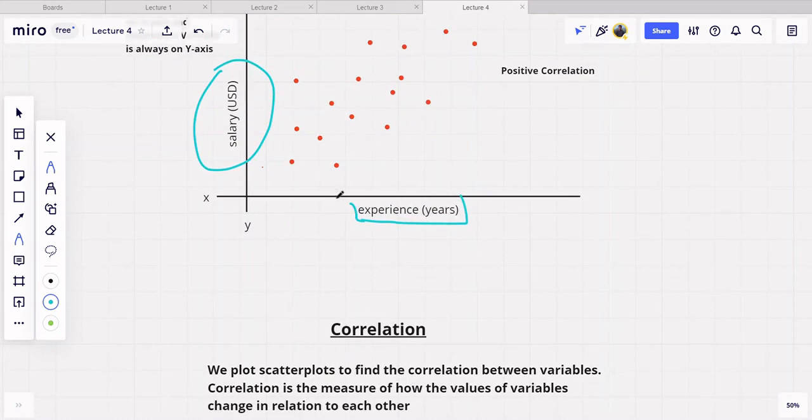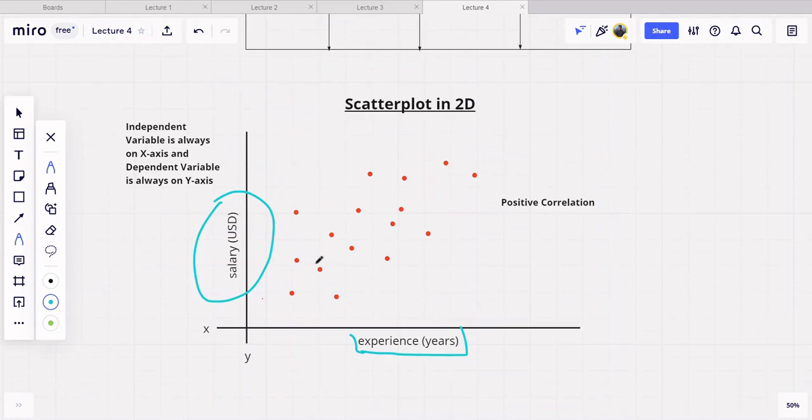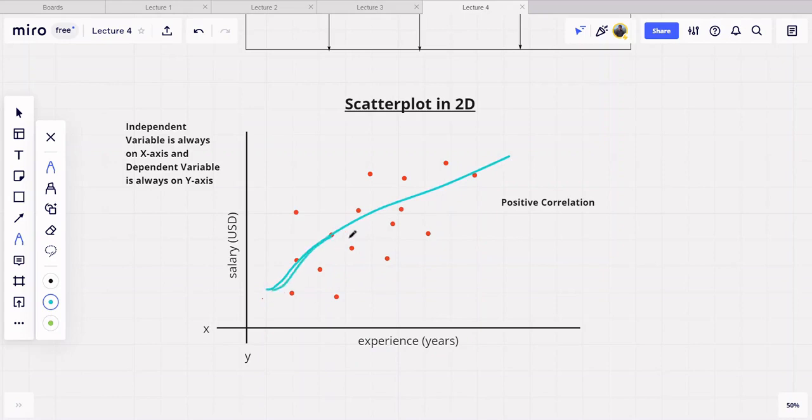For example, we can clearly see here that as the experience of a person increases, his salary also increases. So there is a positive relationship here. As our x increases, our y also increases. We call this phenomenon correlation.